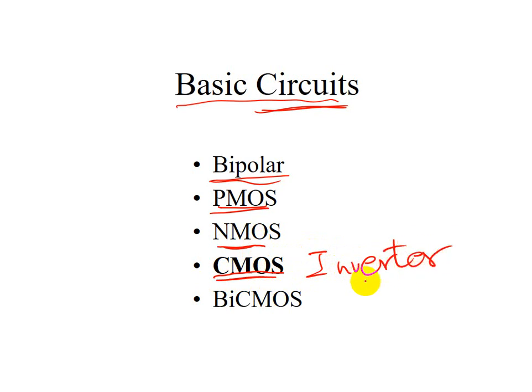Later we'll discuss what kind of inverter, how it works, and by taking advantage of the bipolar junction transistor and the MOS, we have the so-called bipolar junction transistor CMOS, BiCMOS.